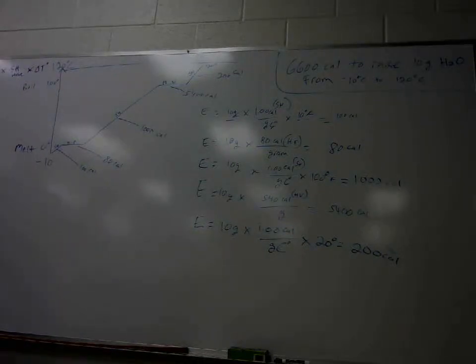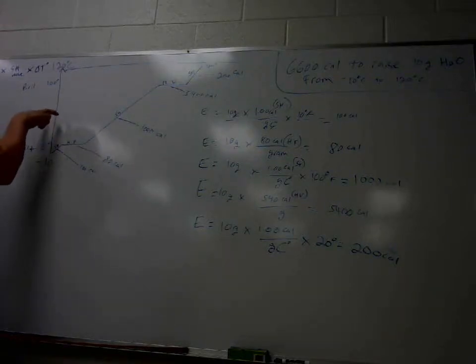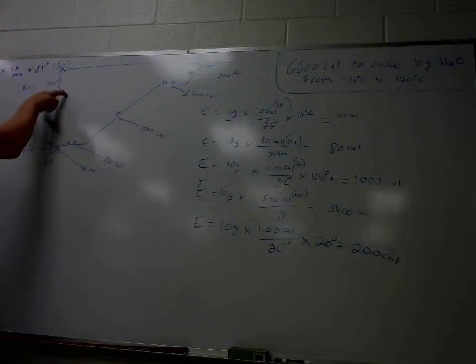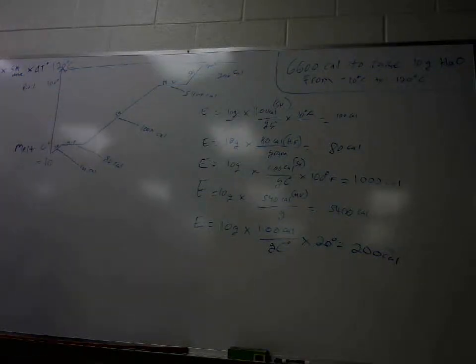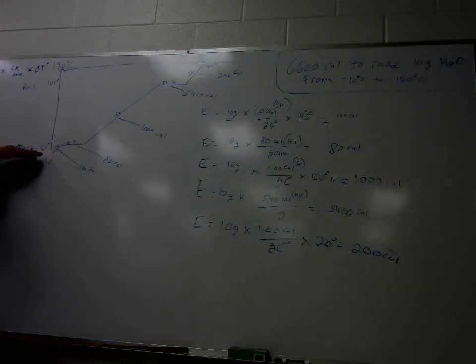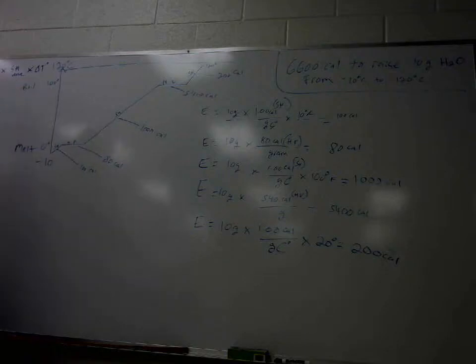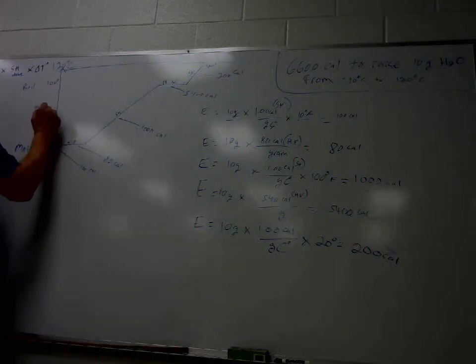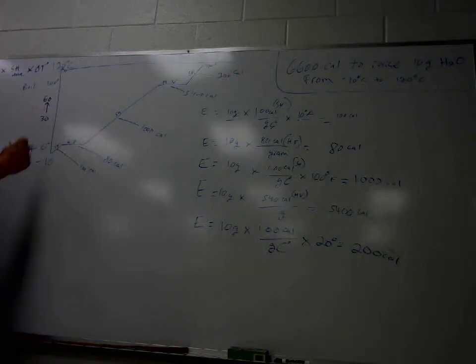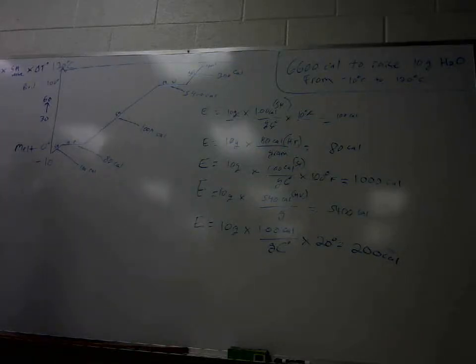Okay, so if we're talking about raising water from 30 degrees Celsius to 60 degrees Celsius, then we know that because water freezes or melts at 0 degrees Celsius and it boils, vaporizes, or condenses back into a liquid at 100 degrees Celsius, if we're going from 30 to 60, water is not going to experience a change of state.